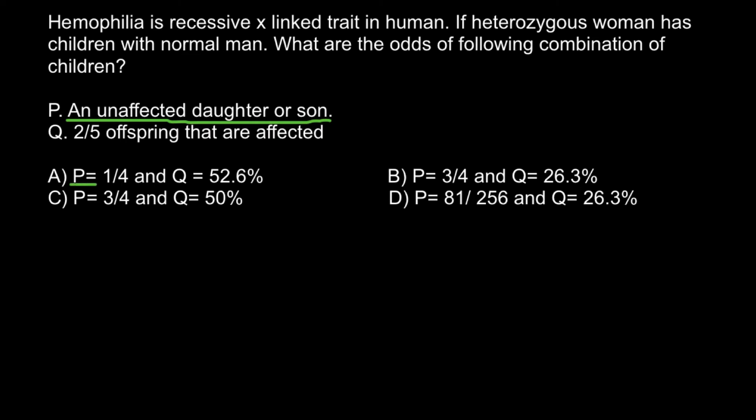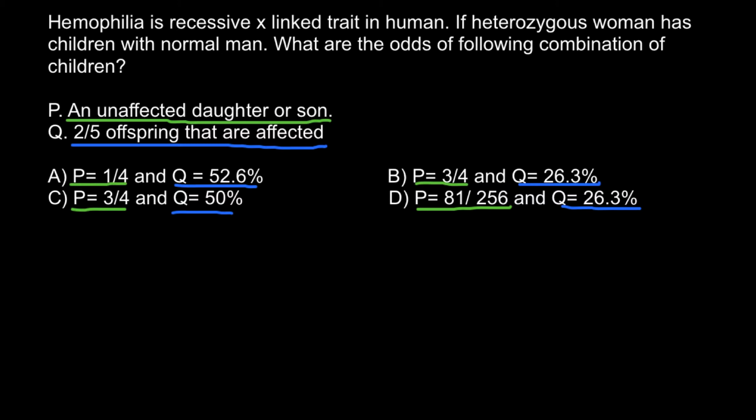This is the answer for the first question, I will underline with green color, and this question I will underline with blue color. So here would be the answer for the second question. So we have to choose answers that have two correct answers.